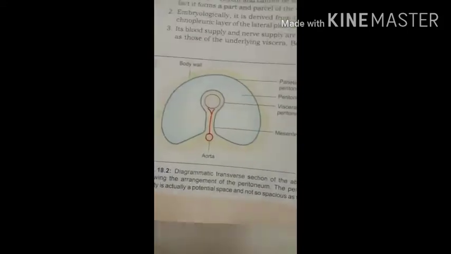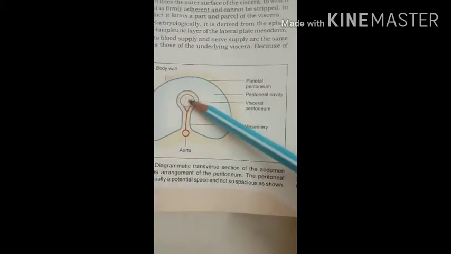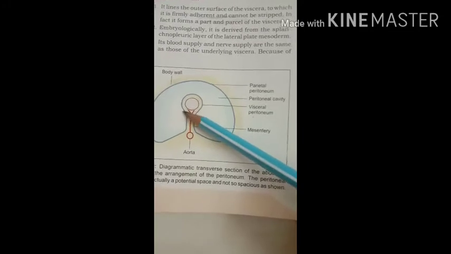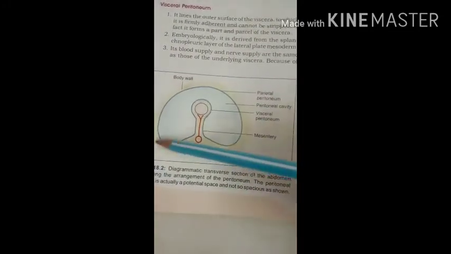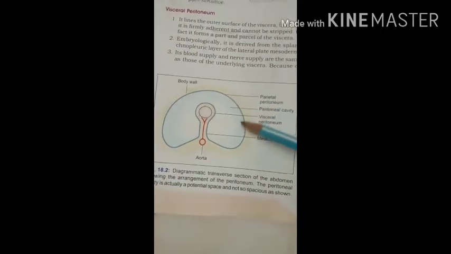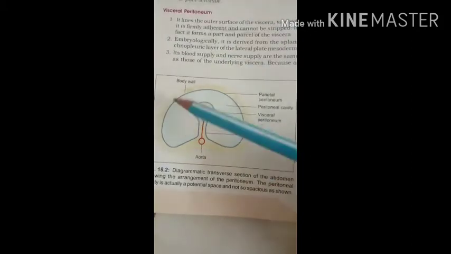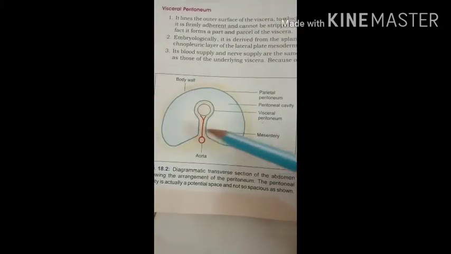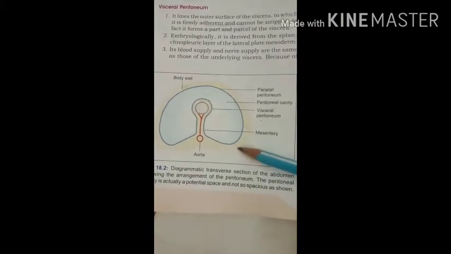So in this diagram you can see the organ is present, and the visceral layer is very much adherent to the organ, and this is the parietal layer, which lies posterior to the anterior abdominal wall, and these two layers posteriorly are attached with each other to the posterior abdominal wall.